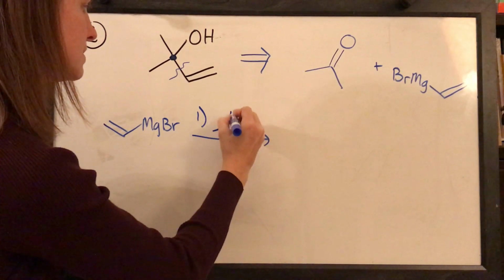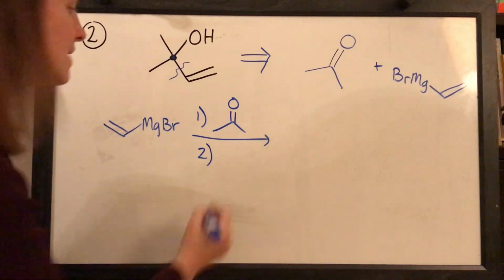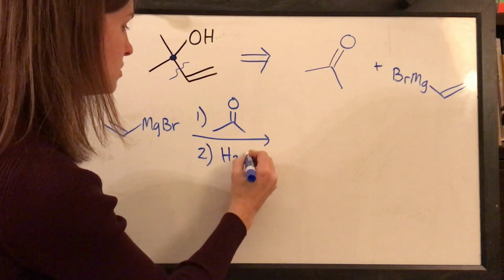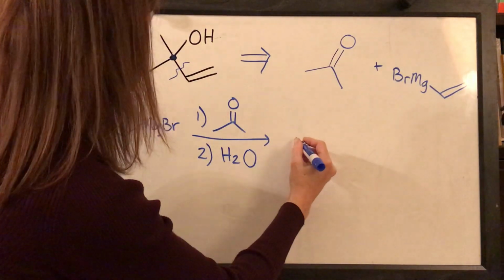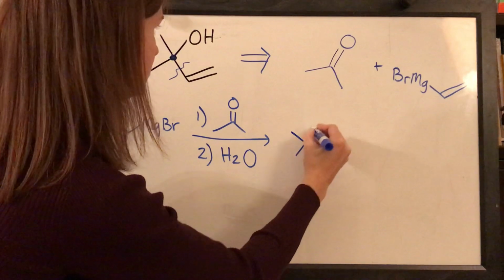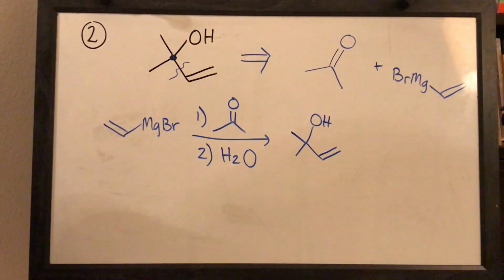We decided it would be this. This is actually acetone. And then as a second step, you always have to add water to quench your Grignard reaction. Okay, so that would give us this compound. That is one of at least two possible answers here.